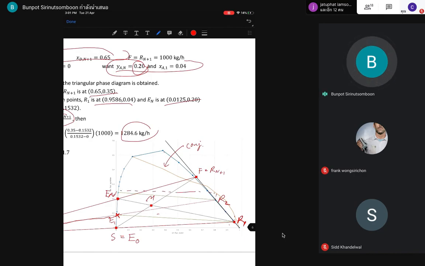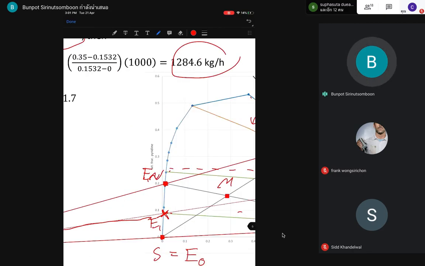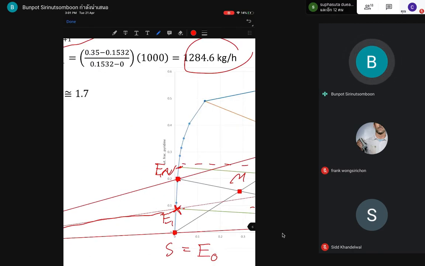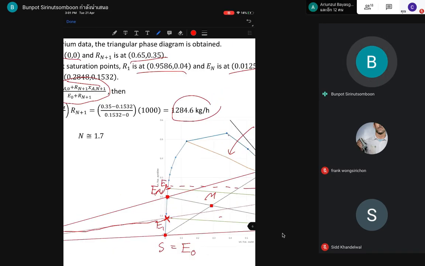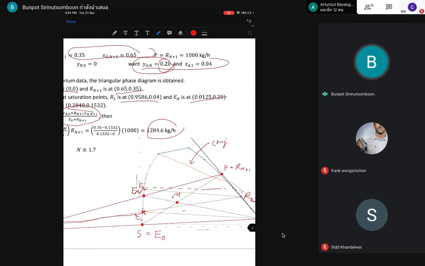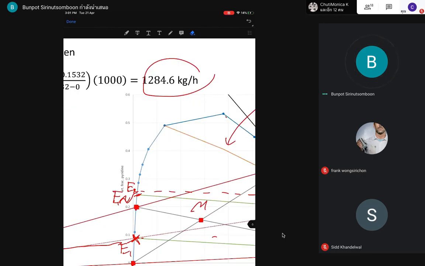So this one right here is my E2. Okay, this point is E2.